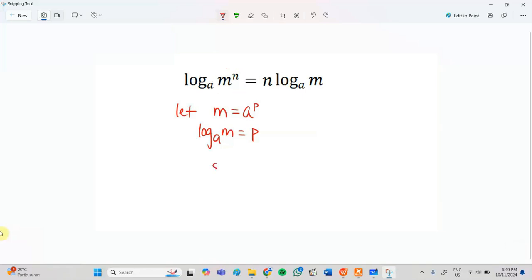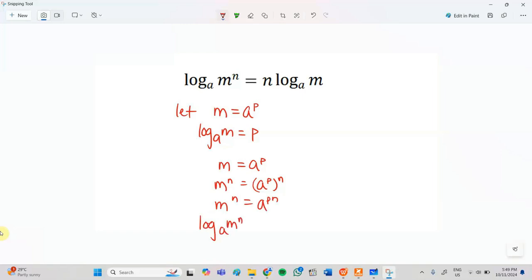So since m equals a to the power of p, when m is raised to the power of n, this is also a to the power of p, raised to the power of n. So you have a to the power of pn. When you move a to this side, it becomes log base a of m to the power of n, which is pn. And remember, what is our p?